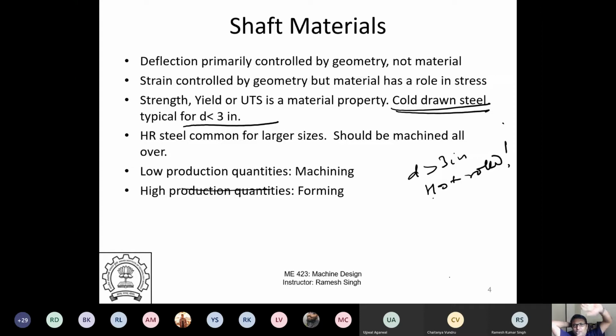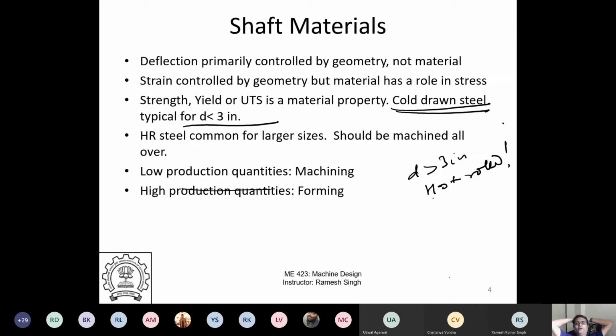So first question: is cold drawn better or hot rolled better? Which one is better? Just a guess. Which one will have better, superior properties? Anybody? You have done all your manufacturing courses.